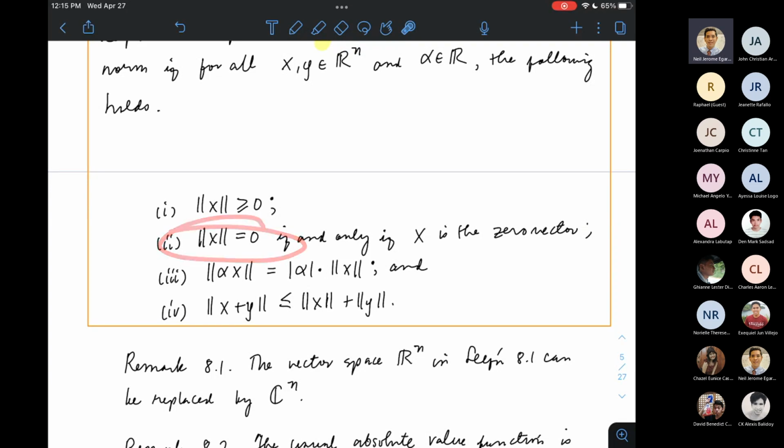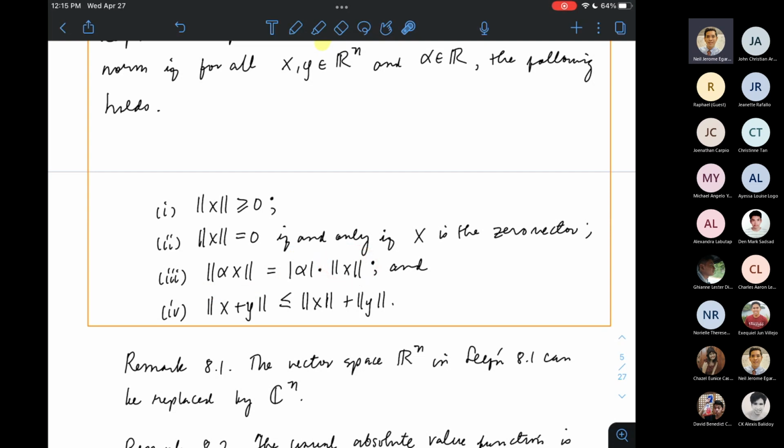Property number 2, this is the zero property. That means the norm of a vector should be equal to 0 if and only if x is the zero vector. Pangatlo is the homogeneity property. Homogeneous dapat yung function para maging norm in such a way that the norm of a scalar times a vector is equal to the absolute value of the scalar times the norm of the vector.